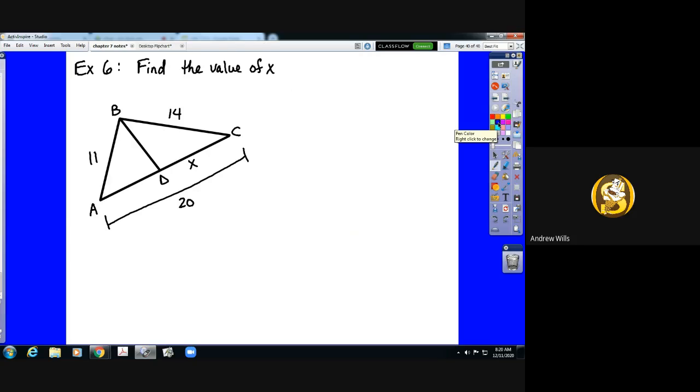So again, work your way through this problem. Solve for x.